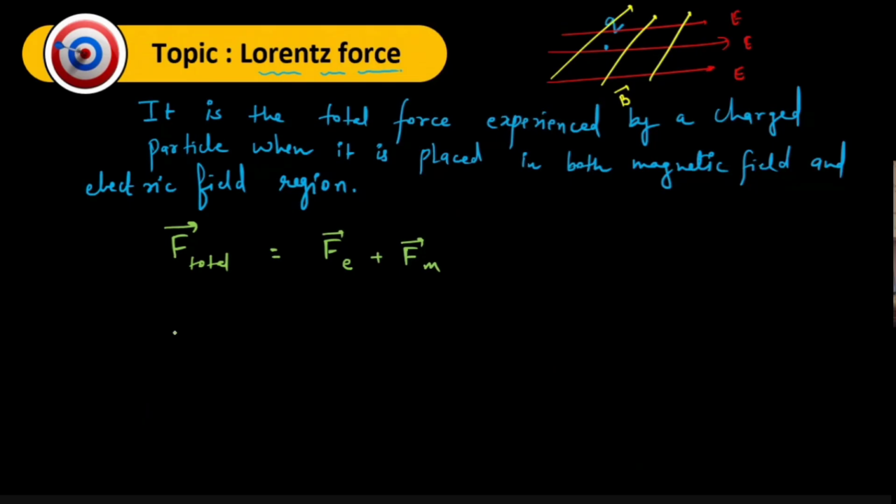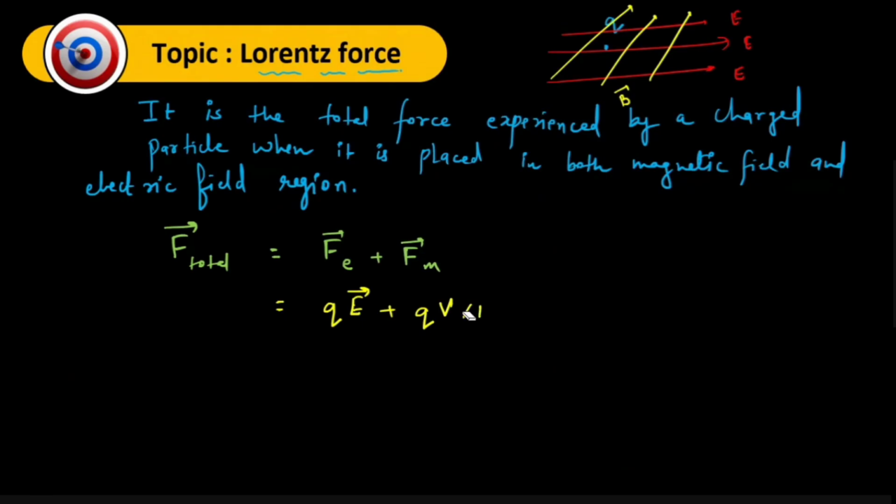Now, you need to understand that the electric force which the charged particle will experience is nothing but the product of charge into the strength of the electric field. Whereas the force due to the magnetic field is the product of charge into v into magnetic field.